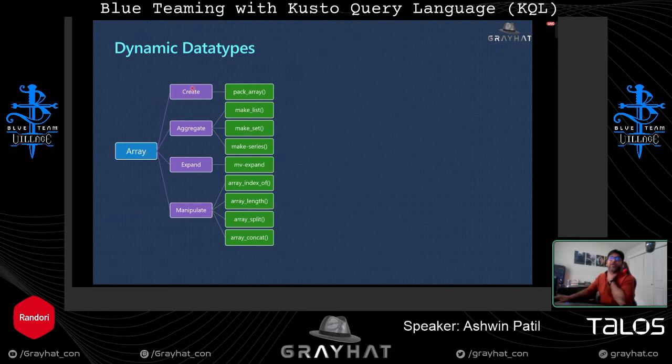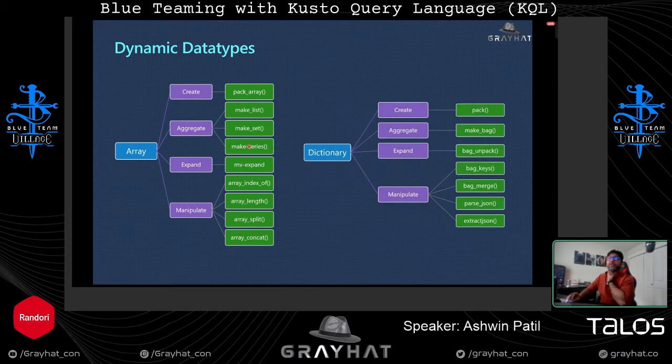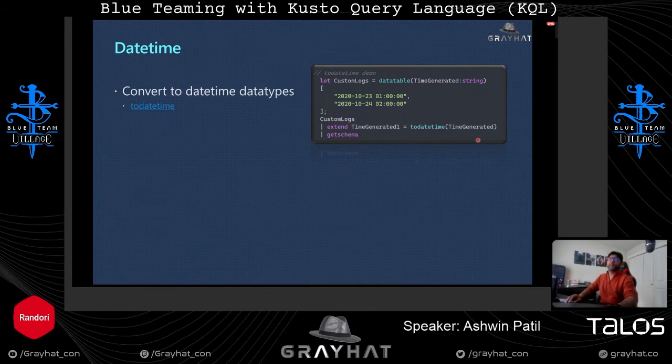So typically you will perform operations such as create, aggregate, expand, and manipulate. So these are the operators that you will need to know when you are manipulating the array data type. And then similarly for dictionary, many of the data sources, currently cloud-based data sources, have JSON objects, nested JSON objects. So these are the operators that you will need to go through.